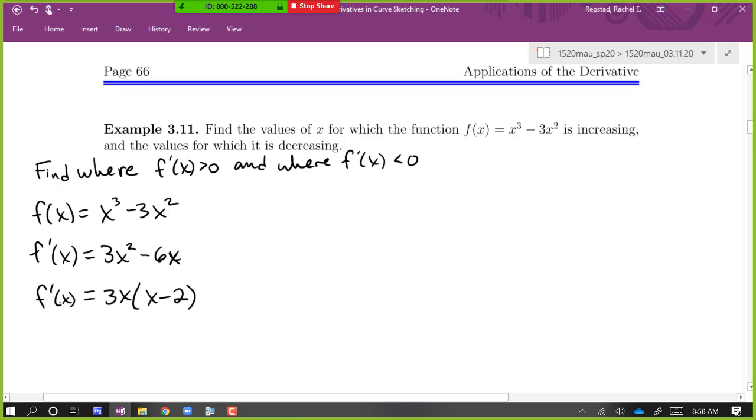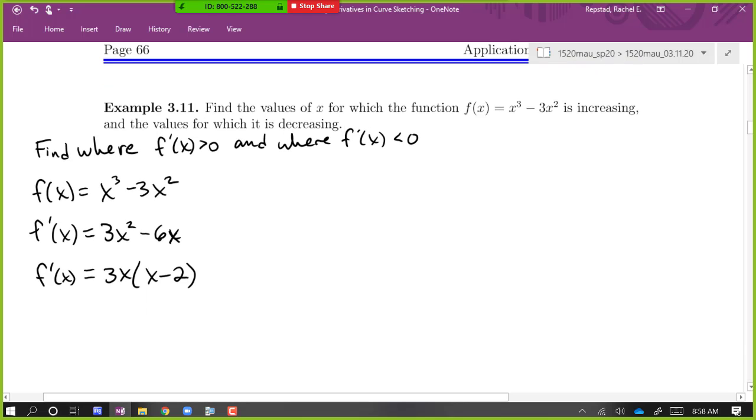We want to know where it's positive and where it's negative. First, we're going to find out where it's 0. So at what values of x is the derivative equal to 0? 2. At 2, yep.